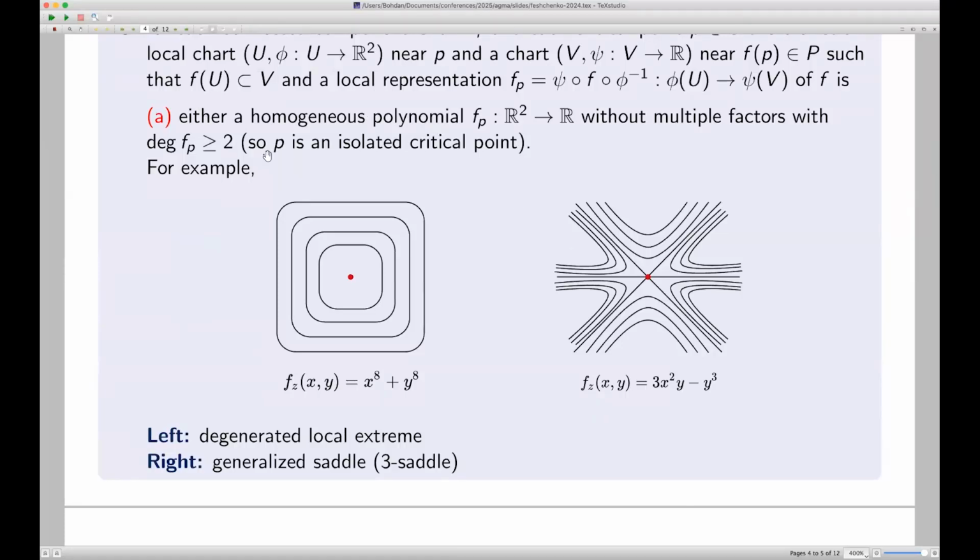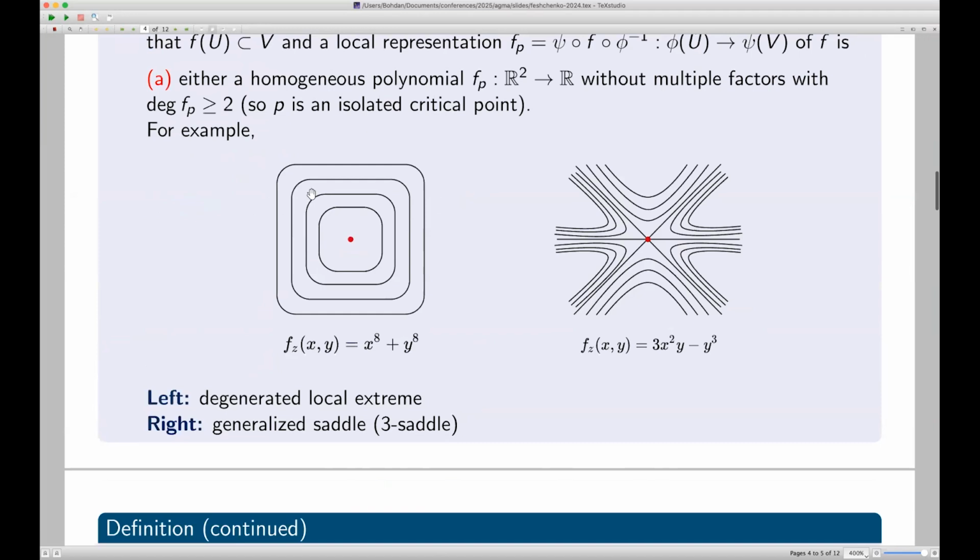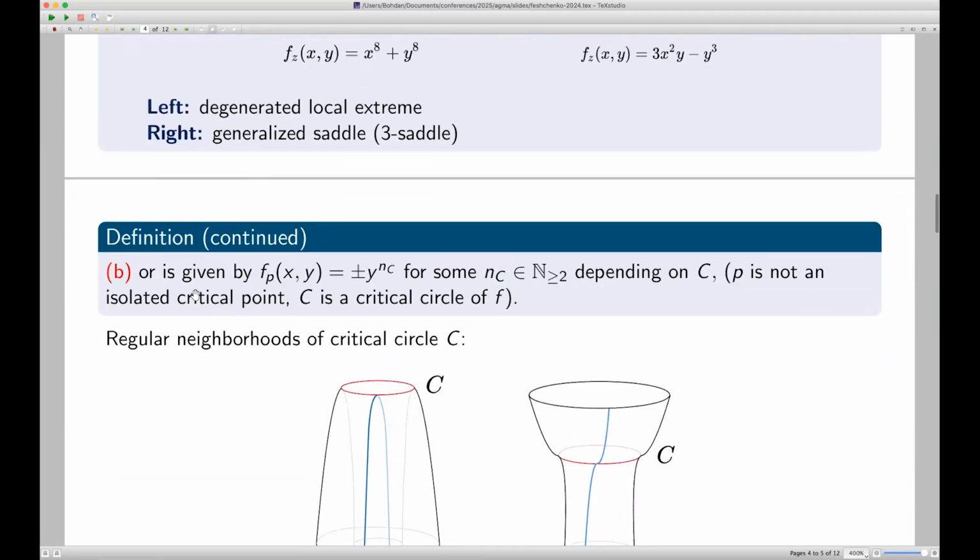In case A, the critical point p is an isolated critical point, and in case B, this point is not isolated, and C is a critical cycle.